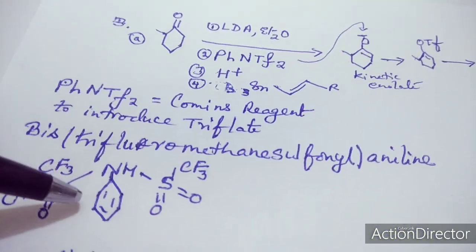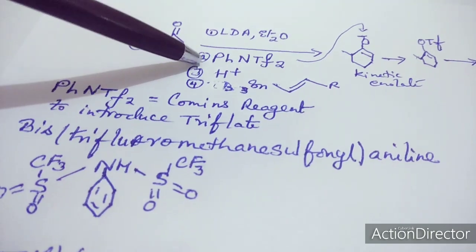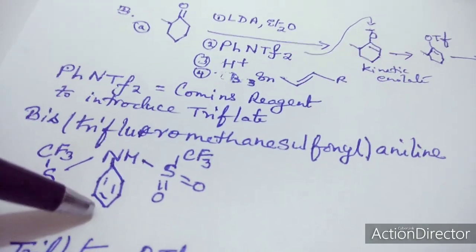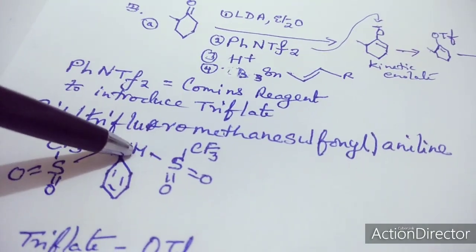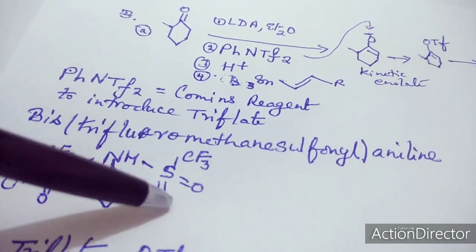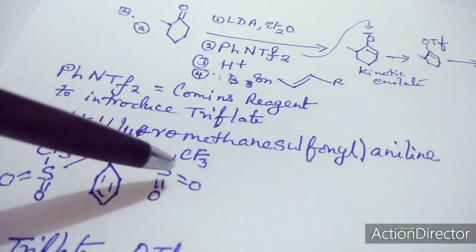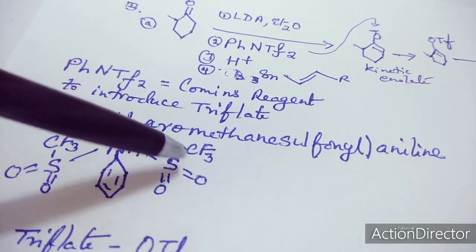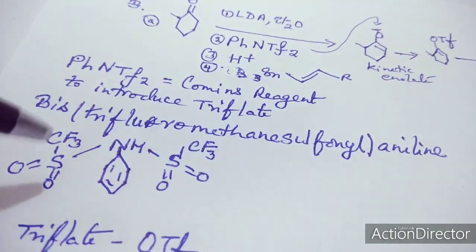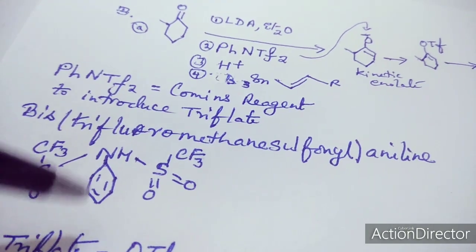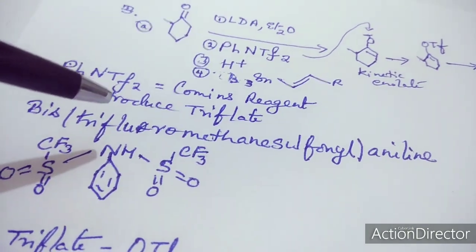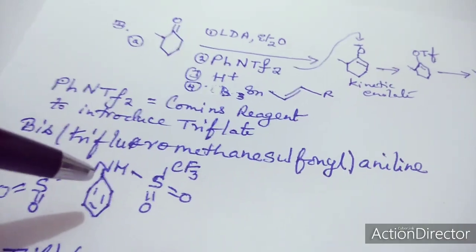This is the structure of this reagent, PhNTf2. See, this is C6H5NH2 had it been aniline, which is substituted, hence the name bis, by trifluoromethane sulfonyl. Two such groups. So this is PhNTf2, Comins' reagent.